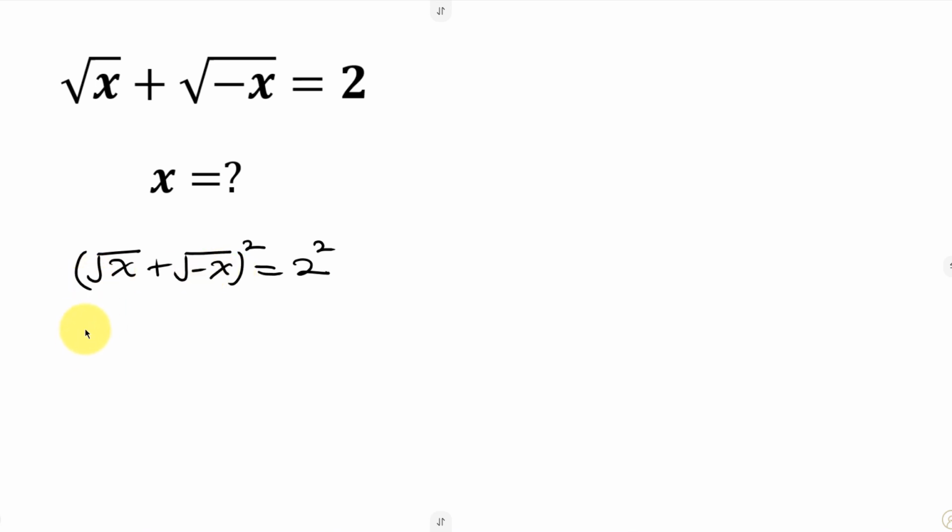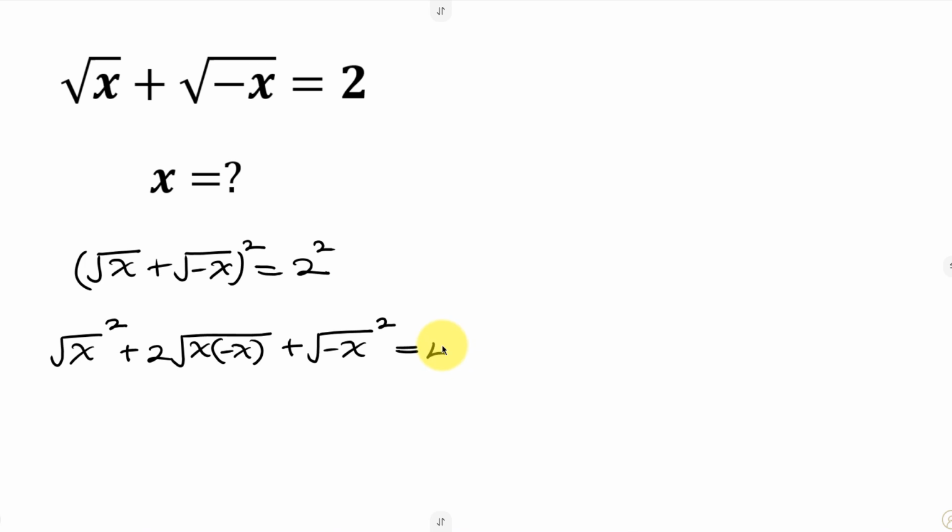Now, taking the square of the left, we have the square root of x raised to power 2 plus 2 times the square root of x times negative x, and then plus the square root of negative x raised to power 2. That is for the left hand side. So this is equal to the right hand side.